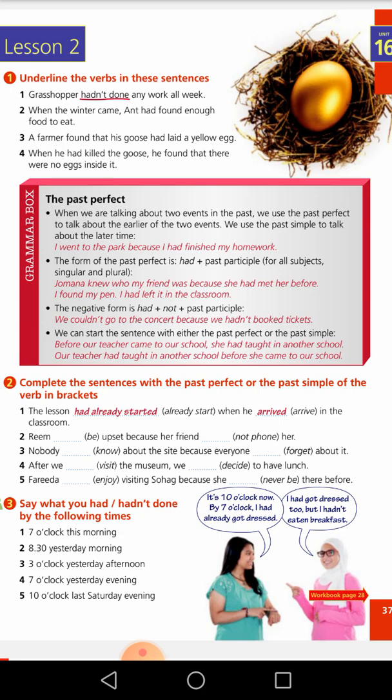So, did he catch the train? Yes, because he arrived first, then the train left. But if I said when he arrived at the station, the train had left, here he didn't catch the train. So I can use past perfect tense after the time connective when.